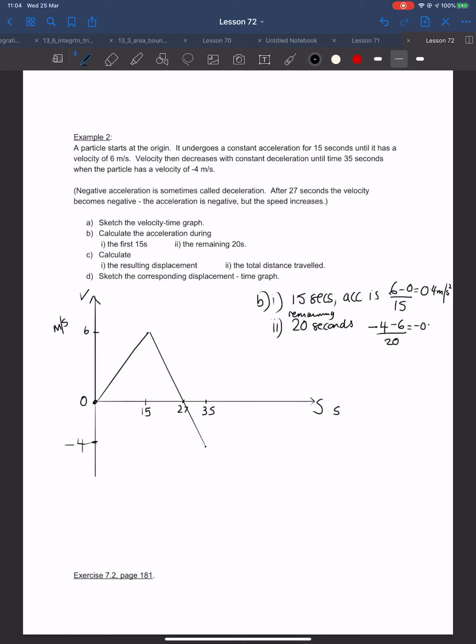So it's minus 0.5 meters per second squared. It's minus 10 over 20. That's B. Part C, the resulting displacement.